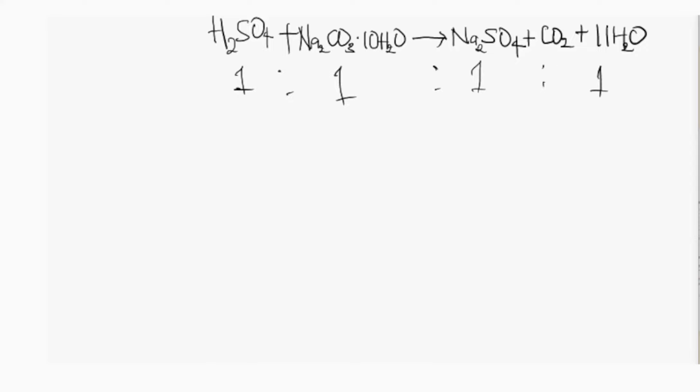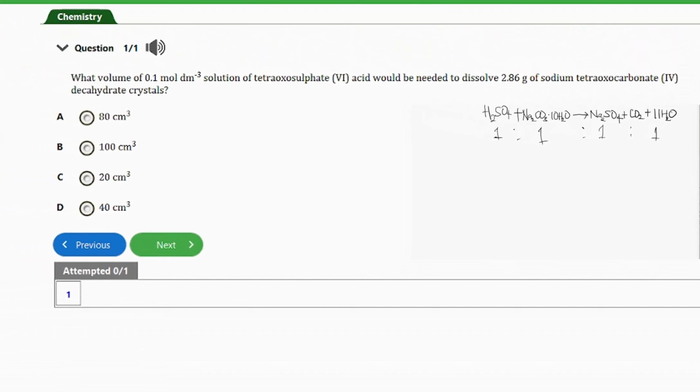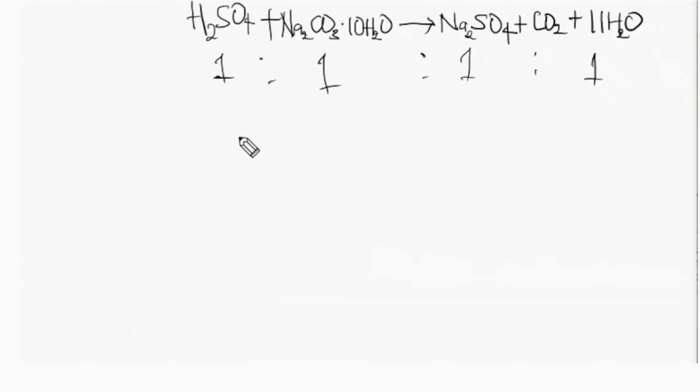In this reaction 2.86 gram of sodium trioxocarbonate 4 decahydrate crystal was used, because the question says what volume of 0.1 mole per dm cube solution of tetroxosulfate 6 will be needed to dissolve 2.86 gram of sodium trioxocarbonate 4 decahydrate crystal. So the mass used here is 2.86 gram.